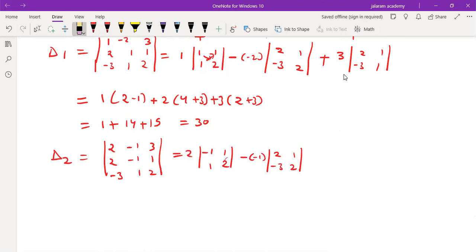then plus 3 into the determinant obtained by deleting first row third column, that is 2 minus 1 minus 3 1.